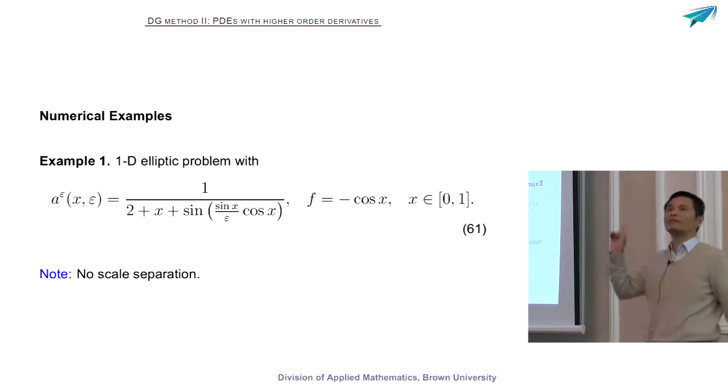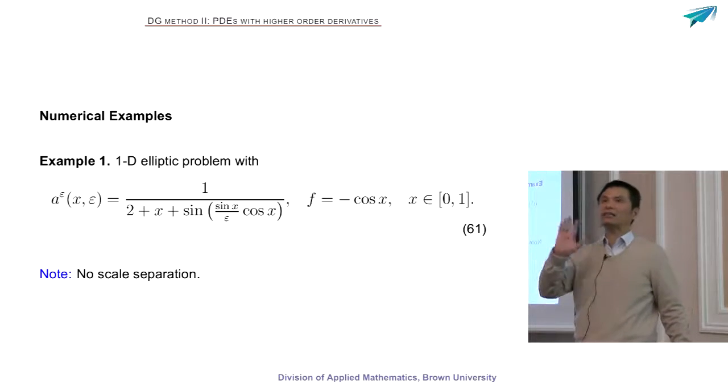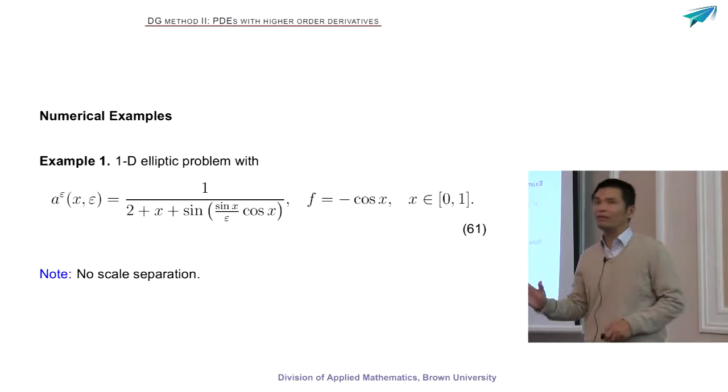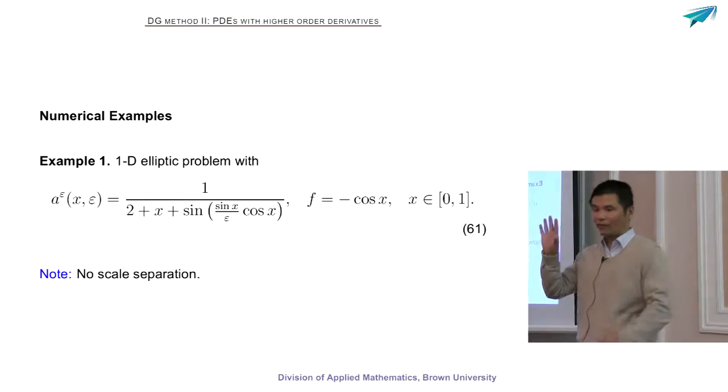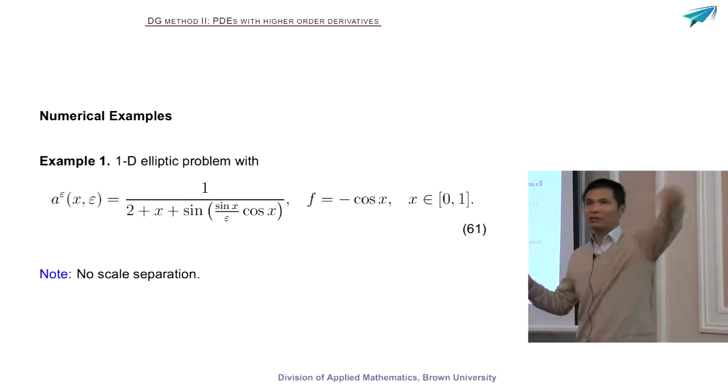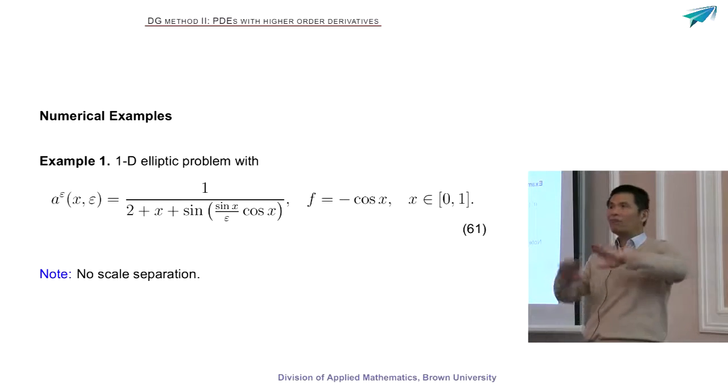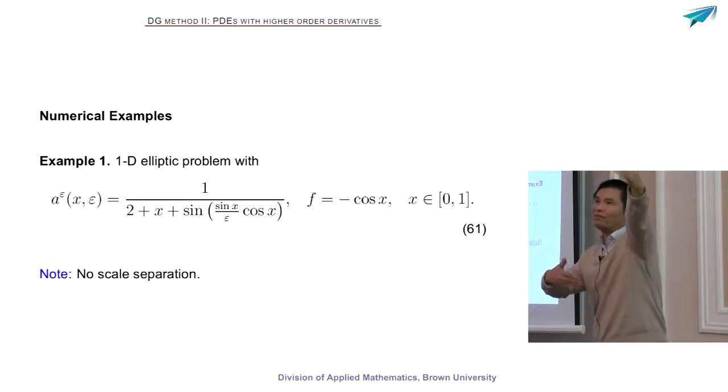There's no scale separation in this example. This kind of numerical method has a big advantage. It does not require scale separation in order to work. There is another class of multi-scale methods which requires that you have a large scale and a small scale, but nothing in between. There's a gap in between.